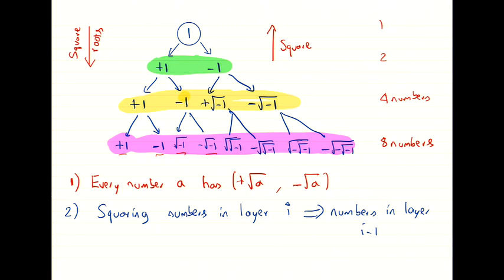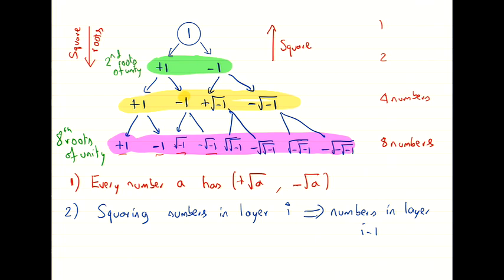Okay? So let's just give these numbers a name. So for now, these are the 8th roots of 1, 8th roots of unity, right? Because essentially these are the second roots of unity or square roots of unity.